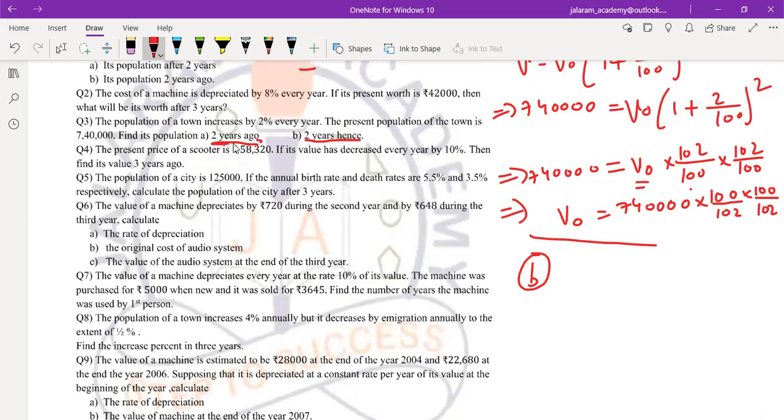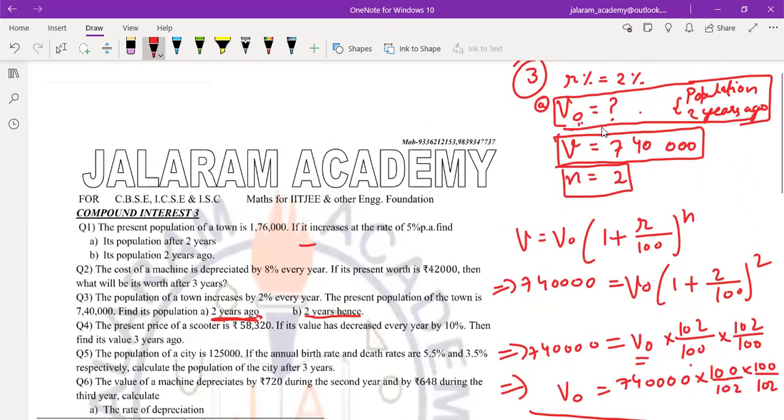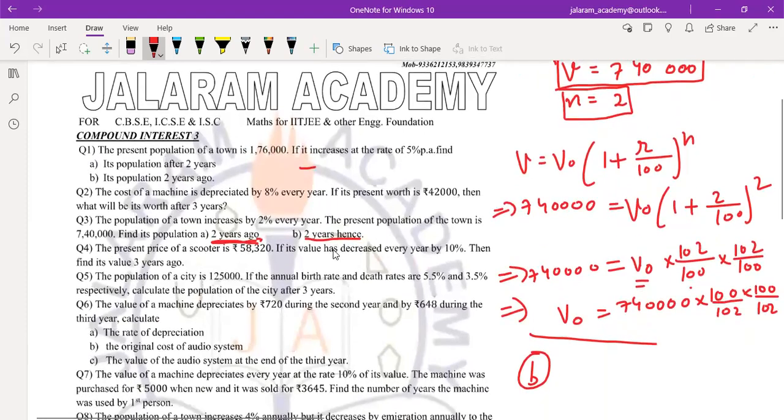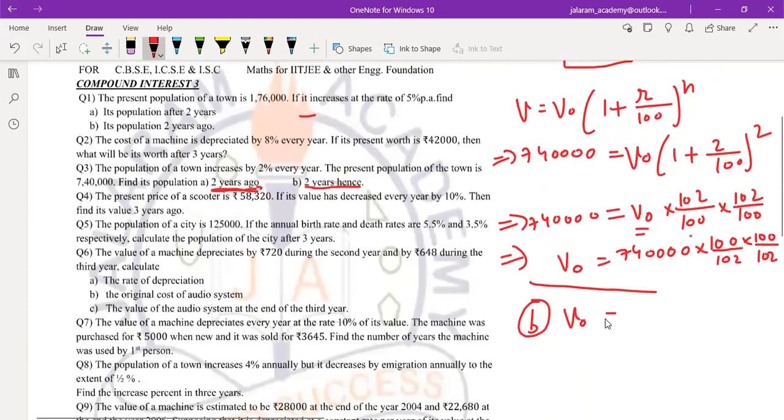If we have to find the population 2 years ago, take it as V naught, which is unknown. If we have to find the population 2 years hence, means after 2 years, this time V naught is the present population. This is a different case now. 7,40,000 is the present population now. Rate percent is the same, it is 2%, and time is 2 years.